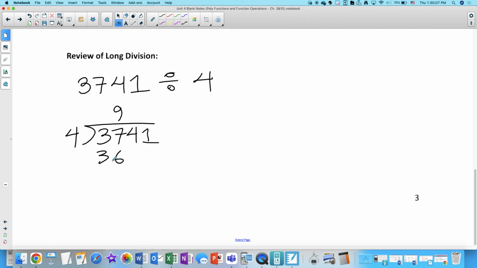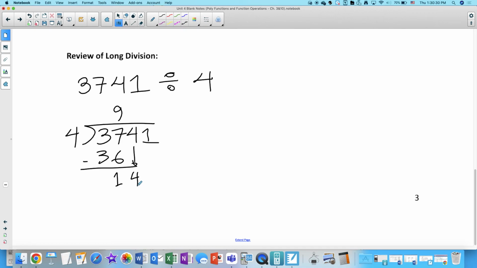Now what? Bring the 4 down. So now this is 14. How many times does 4 go into 14? It goes in 3 times, and 3 times 4 is 12.